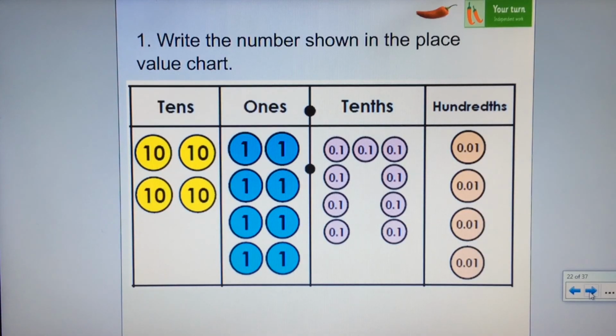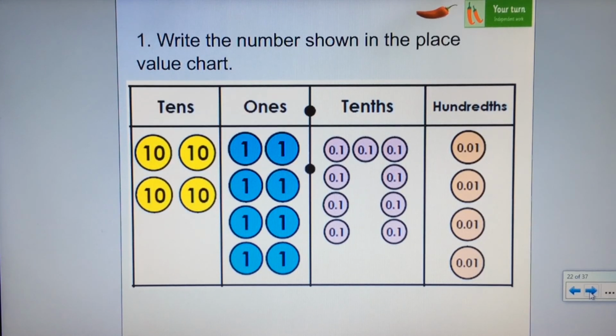Okay, we've had a good look at some different types of questions. I'm now going to show you your Chilli questions for you to have a go at independently. Each Chilli has 4 questions. I'm going to show you them one at a time so that you can see them clearly on the screen. Okay, you can pause the video for each question so you can see it and then have a go.